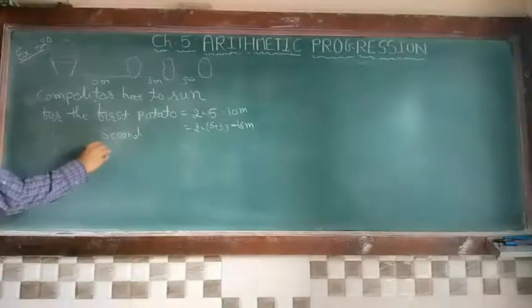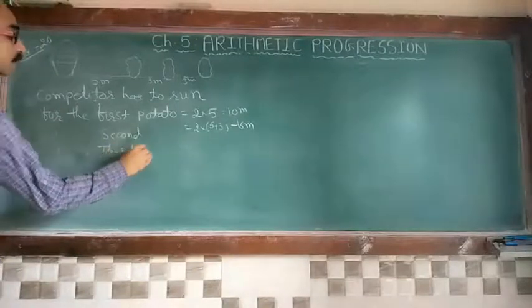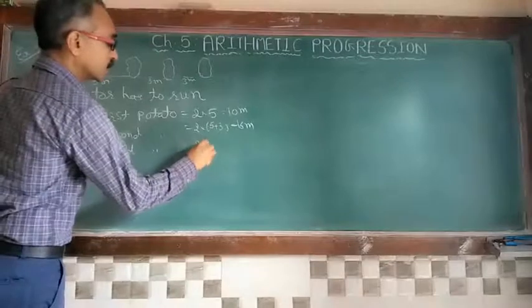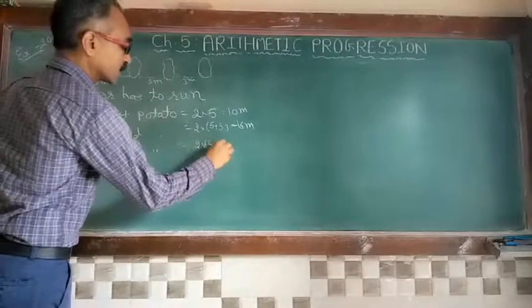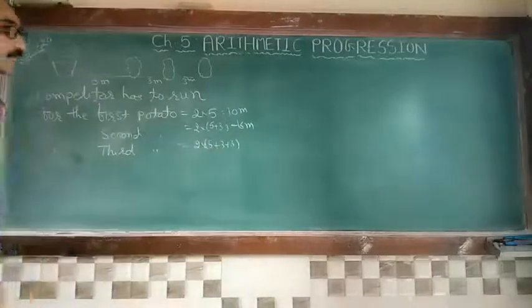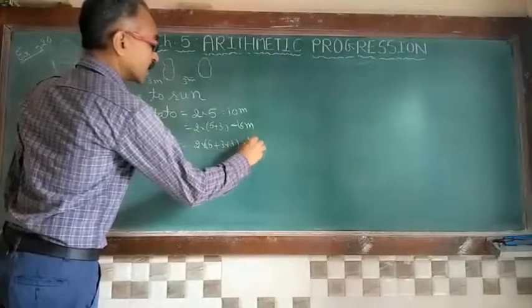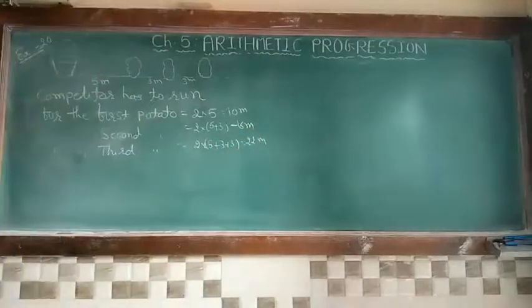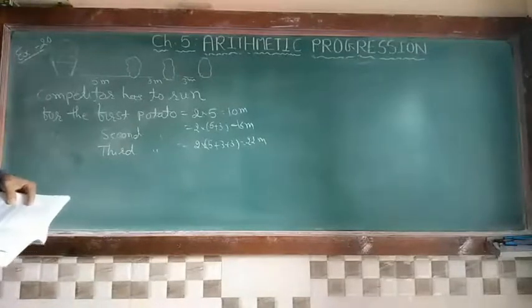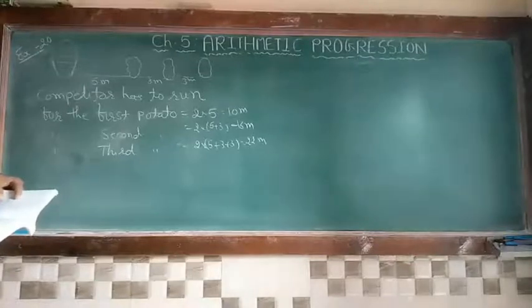For the third potato it is 2 into 5 plus 3 plus 3. That means 22 meters. So your AP is now, see, up to 10 potatoes. Okay, 10 potatoes are there.